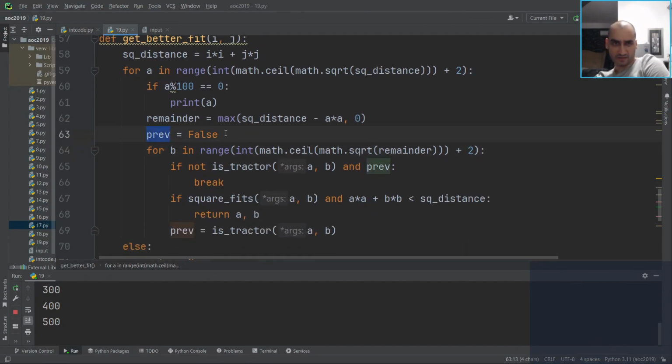What about this prev thing? Should we just take this out again? So if we get to a non-tractor, and the one to the left was a tractor, then we should stop increasing b because we're outside of the beam. So yeah. Move on to the next a.